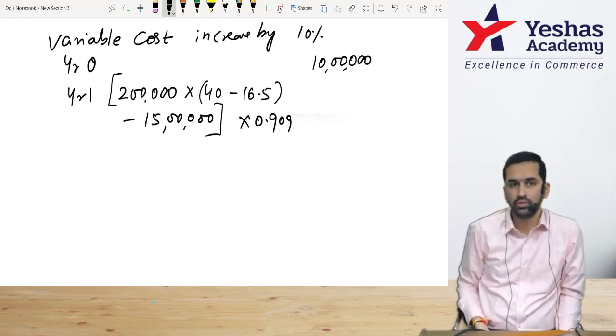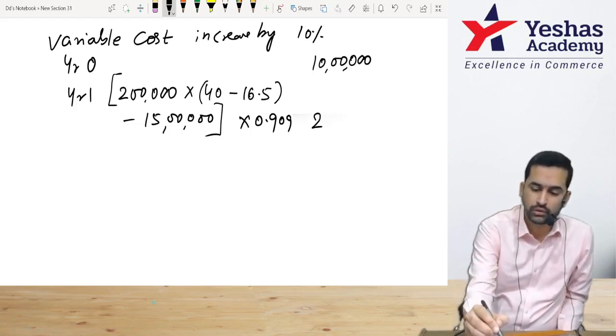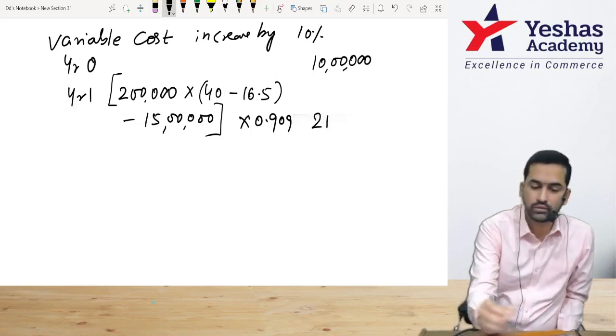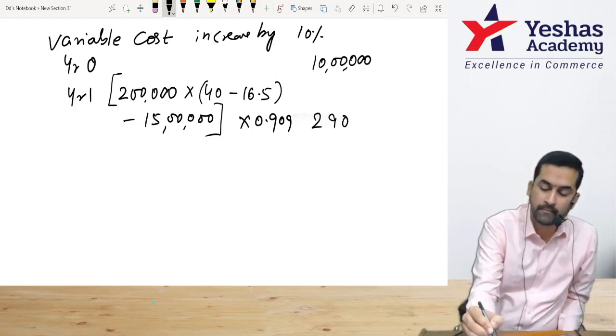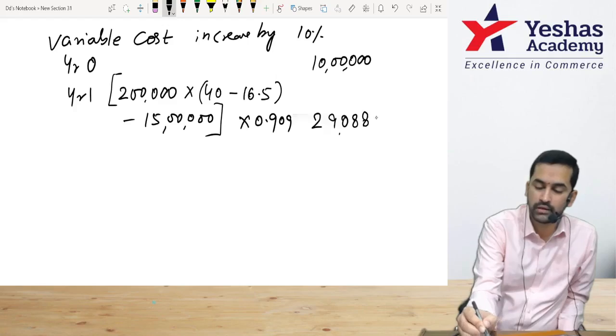This into discounting factor for year 1. 21,89,88, positive 1908,800.